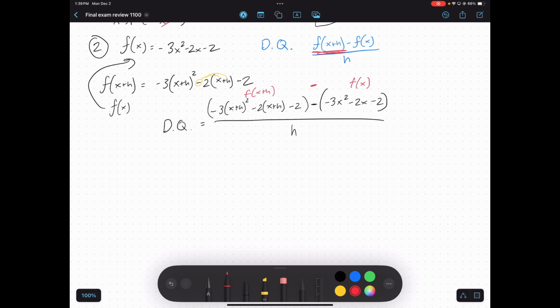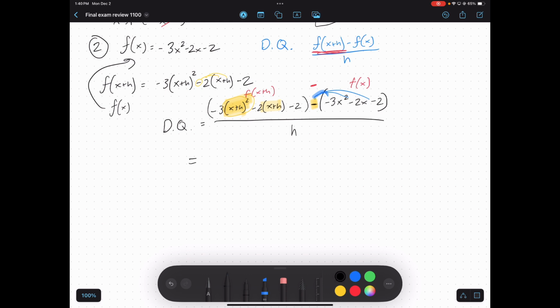Okay? And so from here, it does ask you to simplify as much as possible. So this is where I'll start multiplying some things out, right? I've got to multiply that piece out. I've got to distribute this negative to all of these terms.